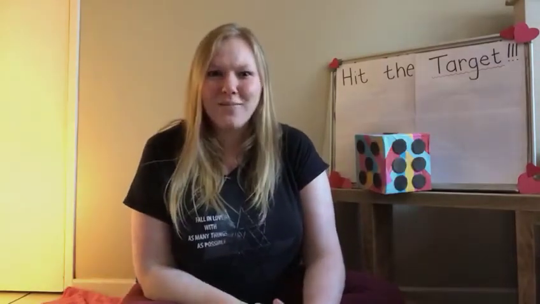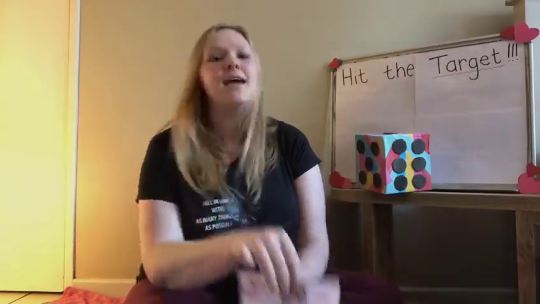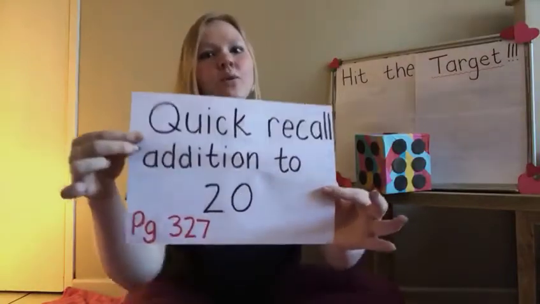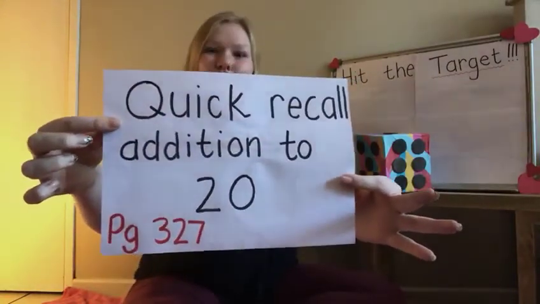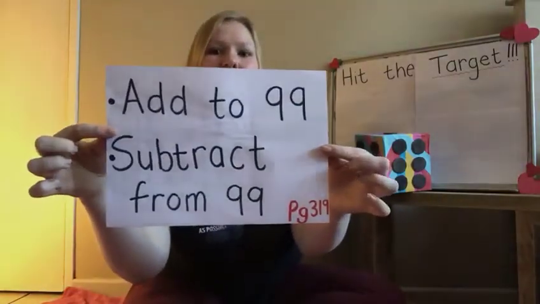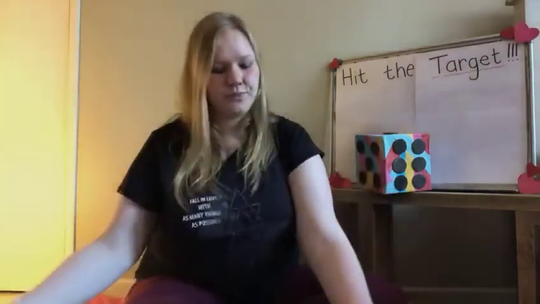Some values and topics that we're going to be learning in this lesson according to our CAPS document are quick recall addition to 20, which is on page 327. Adding to 99 and subtracting from 99 on page 319.